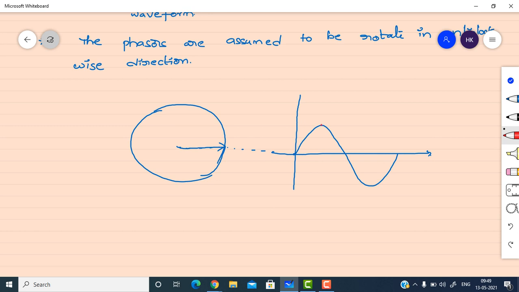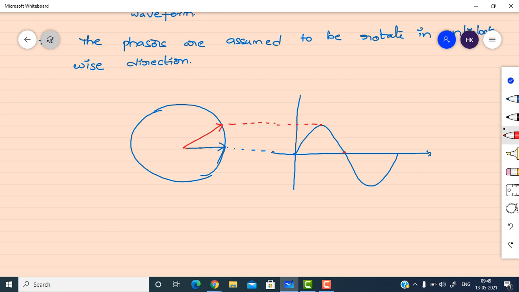And if the waveform is at this position, so this is the position of the phasor.